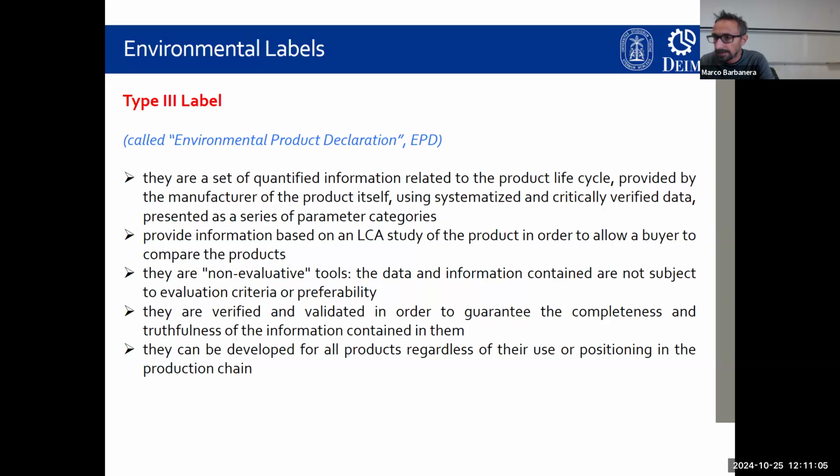In this slide, you can see some information about this type of label. This label is a set of quantified information related to the product life cycle. So is based on an LCA study of the product.